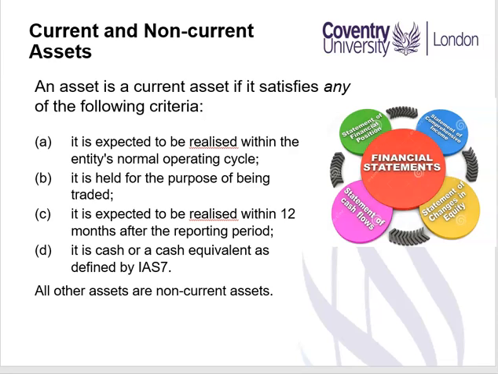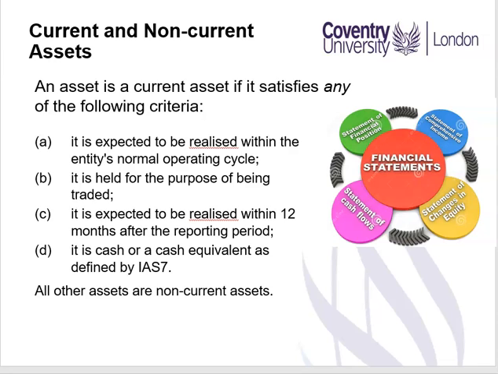An asset is a current asset if it satisfies any one of the following four criteria. First, it is expected to be realized within the entity's normal operating cycle. So if the normal operating cycle is 6 months, then the asset is expected to be realized within that cycle.